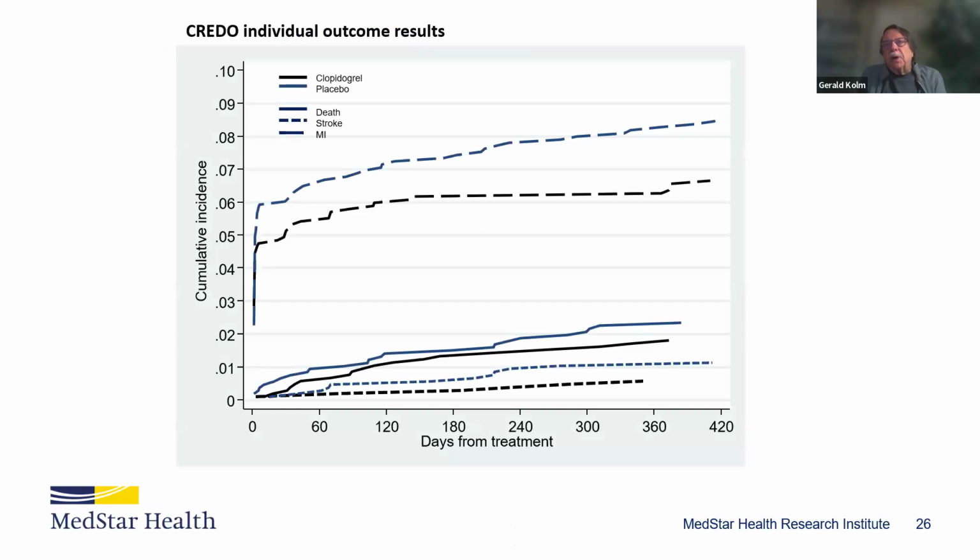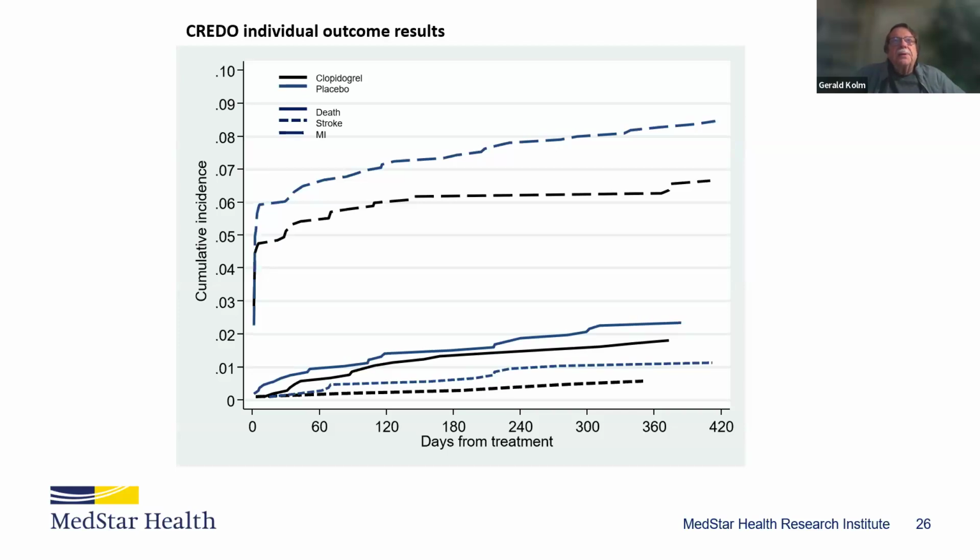And from this, we can make a guess about which is playing the major part in the analysis of the composite death, stroke, and MI together. And you can see that the long dash is the non-fatal MI. And so we can see that the cumulative hazard rate is quite a bit higher than it is for cardiovascular death and for stroke.